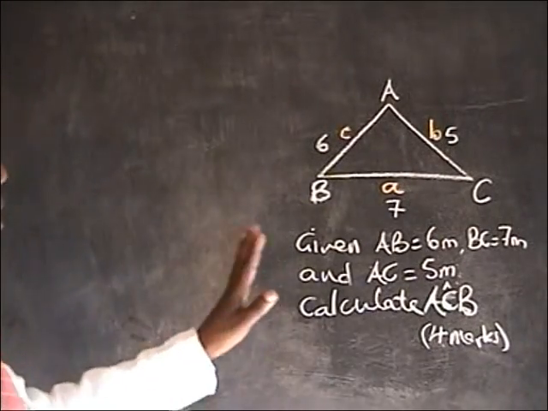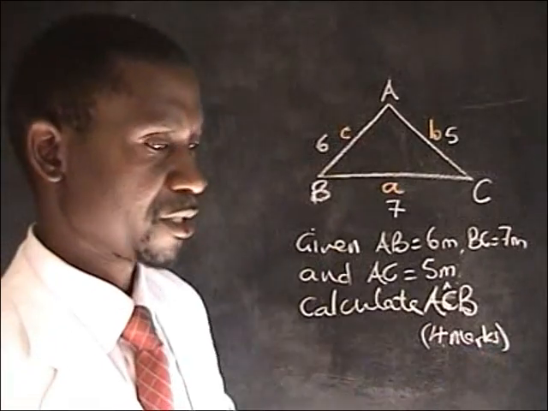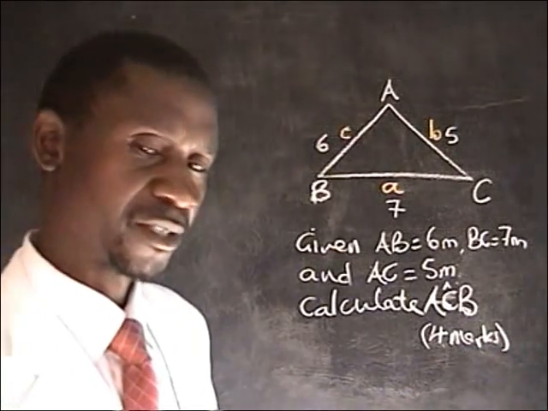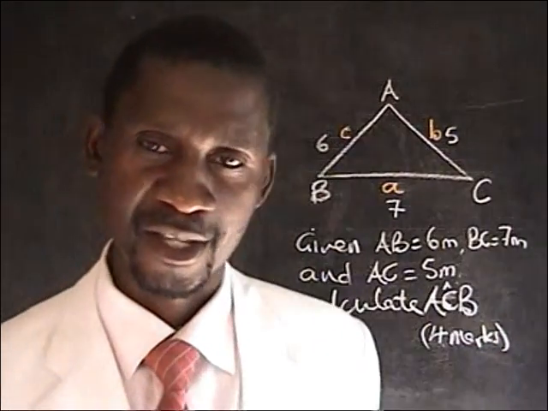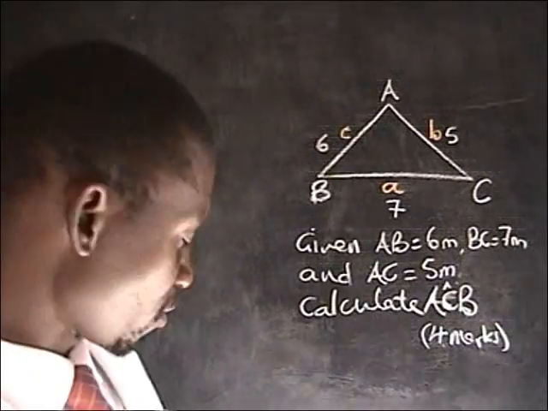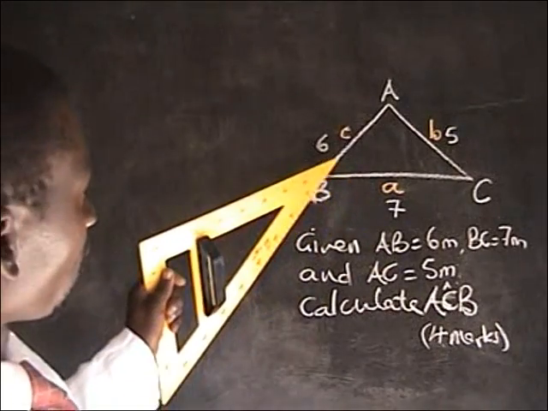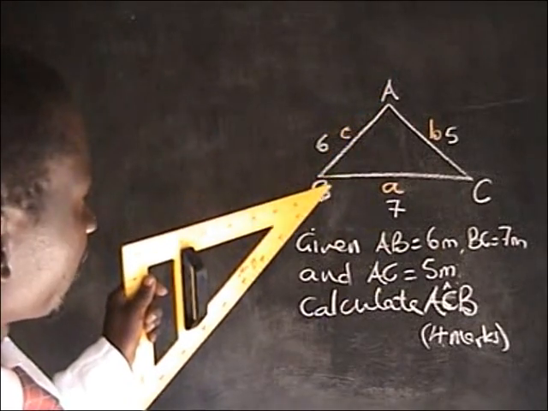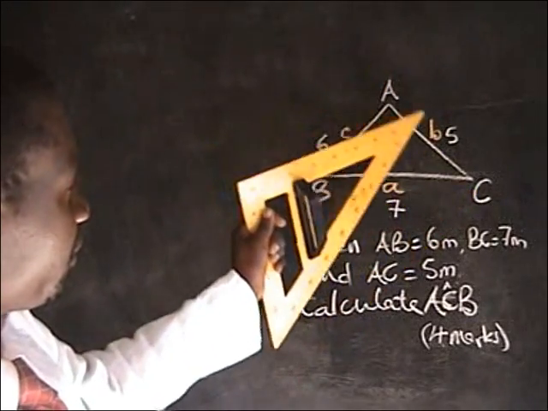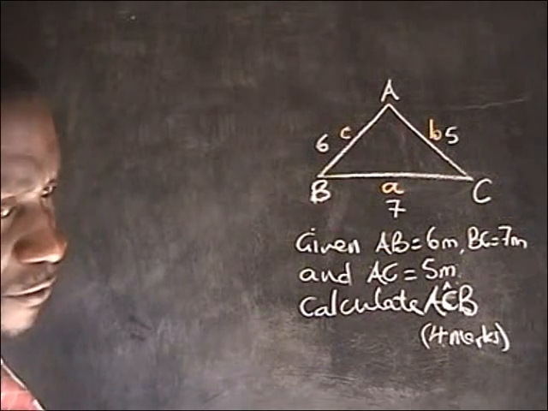So how can we work out the angle ACB? This is simple and straightforward. What we are trying to find here is the angle at C, and you have seen the condition of the triangle. We have side AB, which is 6, BC, which is 7, and AC, which is 5.